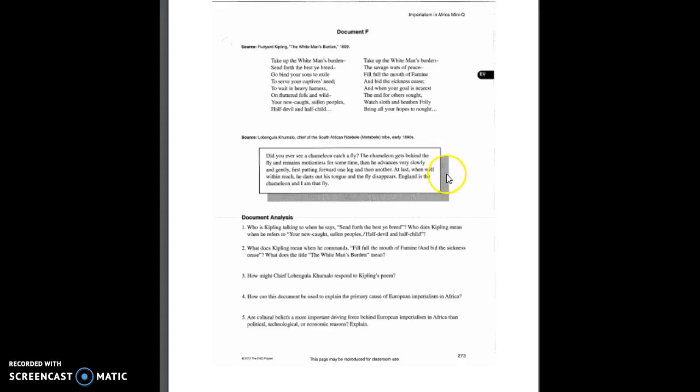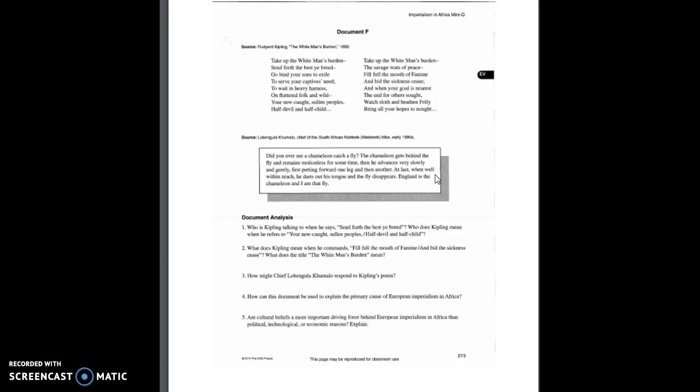We also see the second piece, which is talking about an African chief, kind of using an analogy here, the chameleon and the fly. So the chameleon sneaks up behind, and at the end it quotes the fact that England is the chameleon and I am the fly. Now for document F, you could definitely use that in terms of ideological motivation. There's a huge element of racism and European dominance.